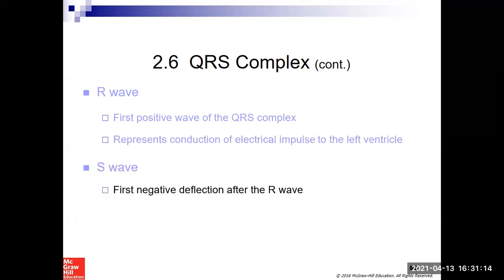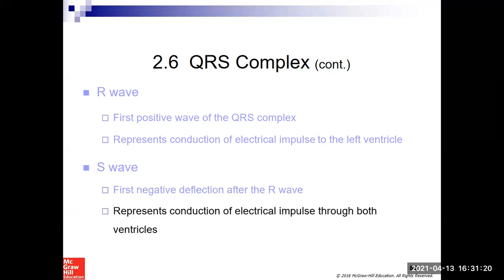Your S wave is the first negative deflection after the R wave. It represents conduction of electrical impulse through both ventricles. So your R wave is just the left ventricle. Your S wave is both ventricles.